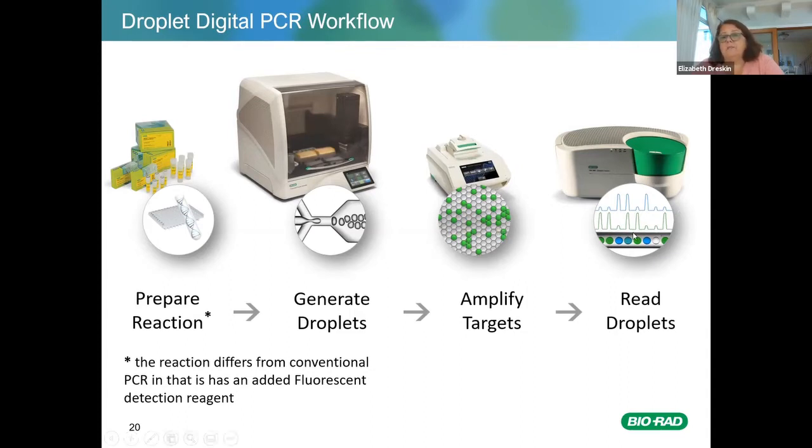That then gets moved into the droplet reader, which can assess each one of these droplets, similar to flow cytometry, for a yes or no answer. It's positive or it's negative. And then we can analyze this by specialized software. We also have another instrument that combines most of these features into one, so it's more hands-off.